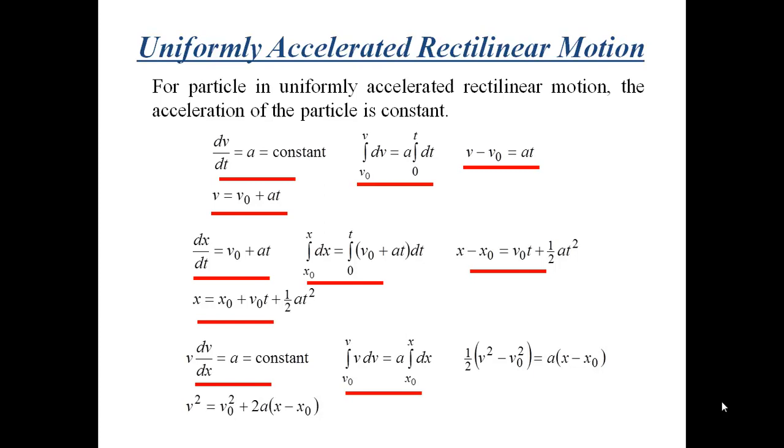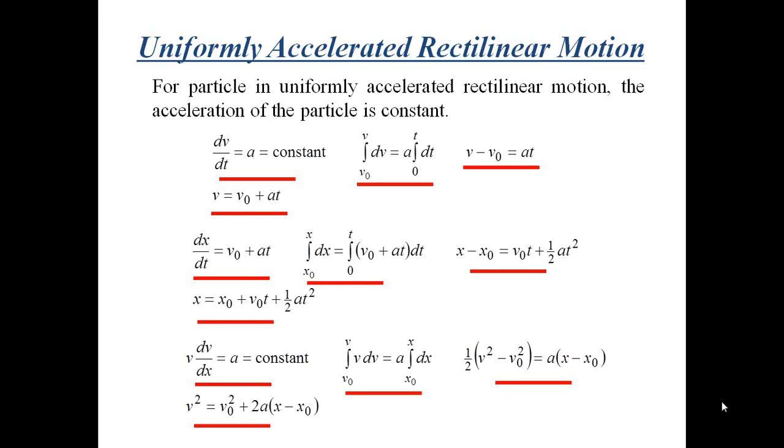Substituting, we get 1 by 2 into v square minus v naught square is equal to a multiplied with x minus x naught. Rearranging, v square is equal to v naught square plus 2a multiplied with x minus x naught.